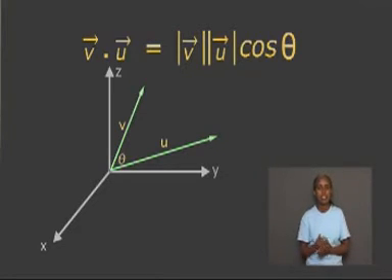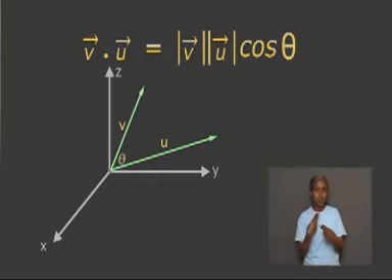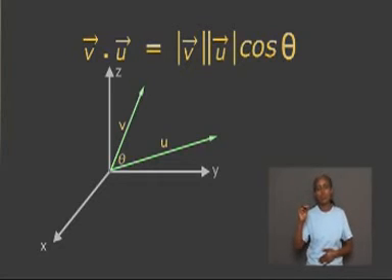In this image, vector v dot vector u equals the product of the magnitude of the two vectors multiplied by the cosine of the angle between the two vectors. The scalar product of two vectors in space is a simple extension of the same principle.